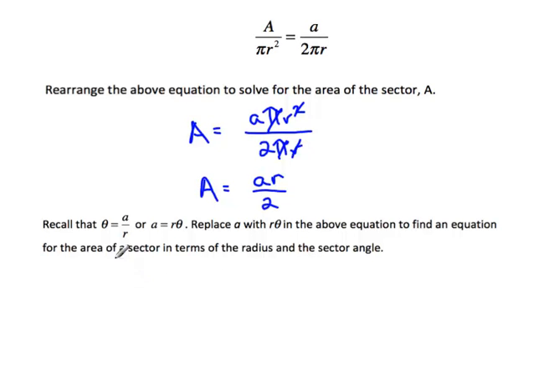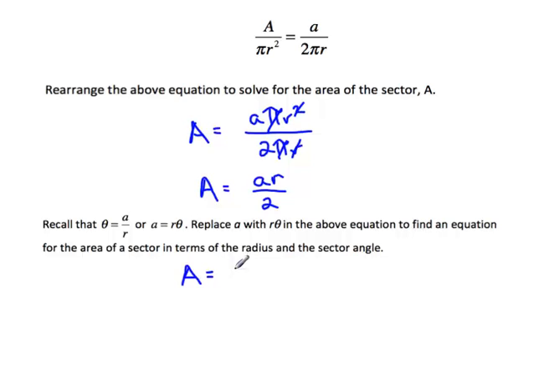Also remember that theta, the measure of an angle in radians, is simply equal to the number of radius lengths that would fit in the arc, or a over r. We can rearrange that by multiplying both sides by r, and we get a is equal to r theta. If we take this equation that we've just derived and replace a with r theta, we can derive a second equation.